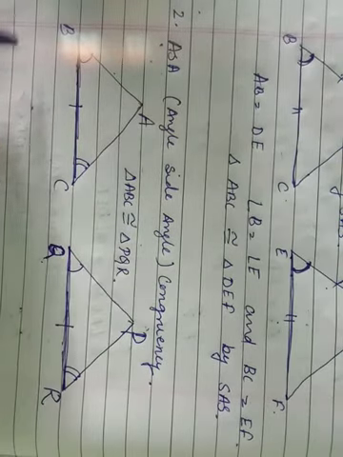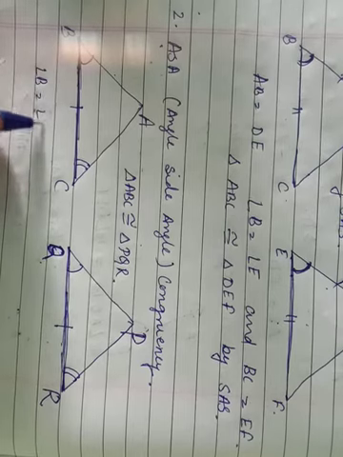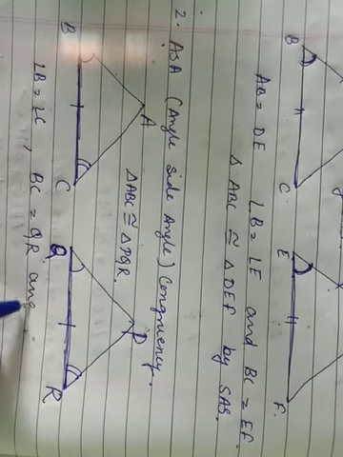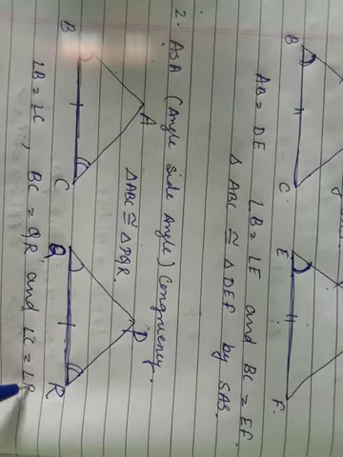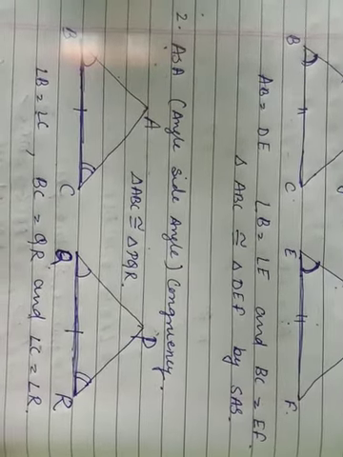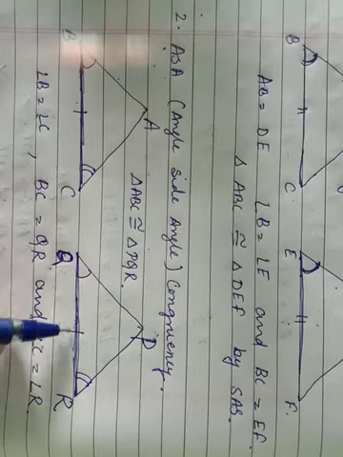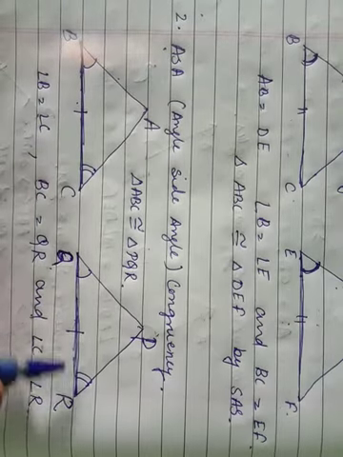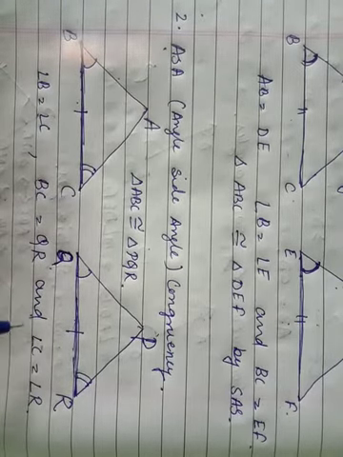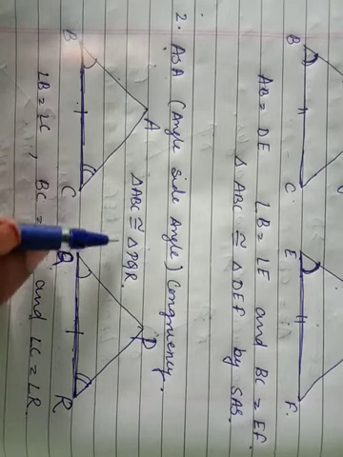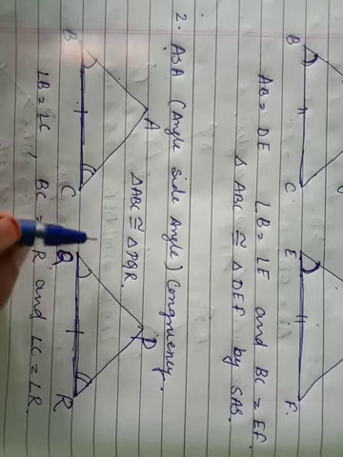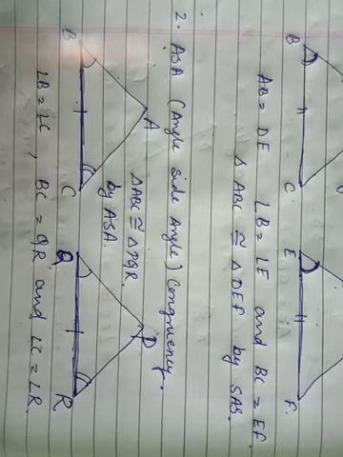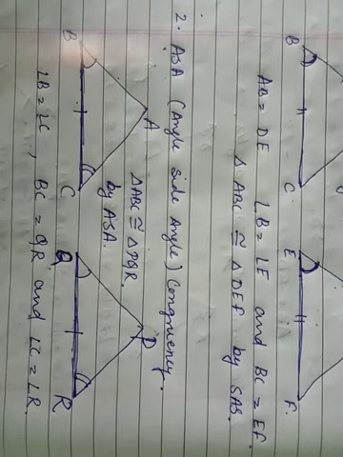Here also we have to notice that the side is included. The side is the base of these two angles, in both the triangles you can see this. So here the triangles ABC and PQR are congruent to each other by ASA. This is called ASA congruency.